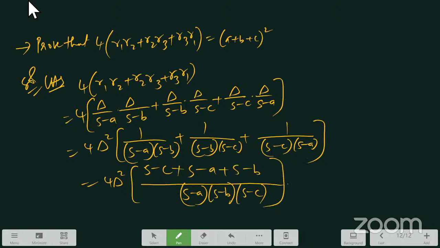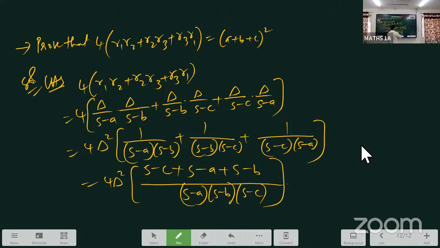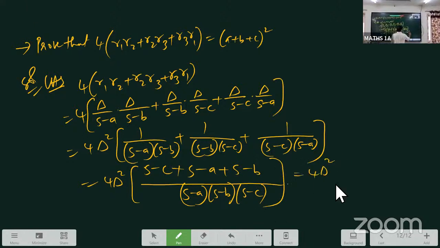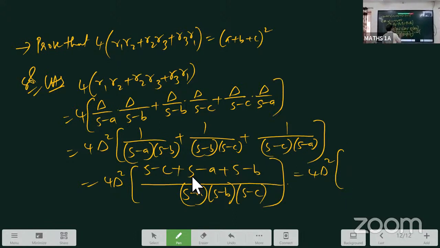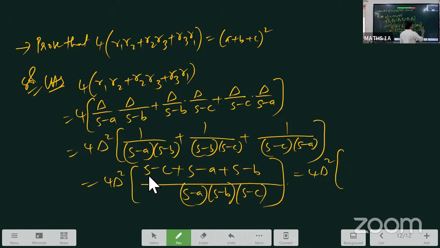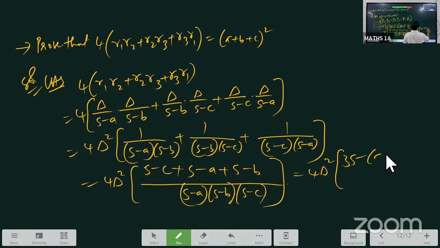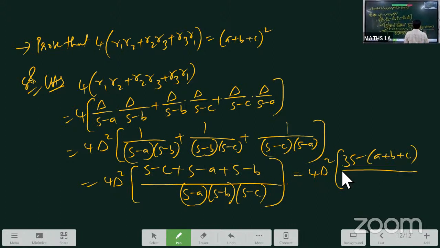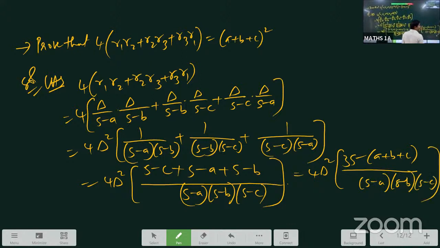S minus B. Is it clear? So that I am going to write it as 4 delta square into S plus S plus S is 3S, 3S minus of A plus B plus C by S minus A, S minus B, S minus C.